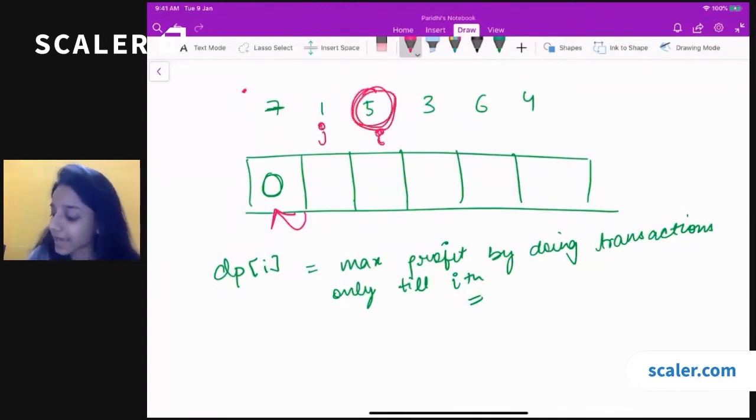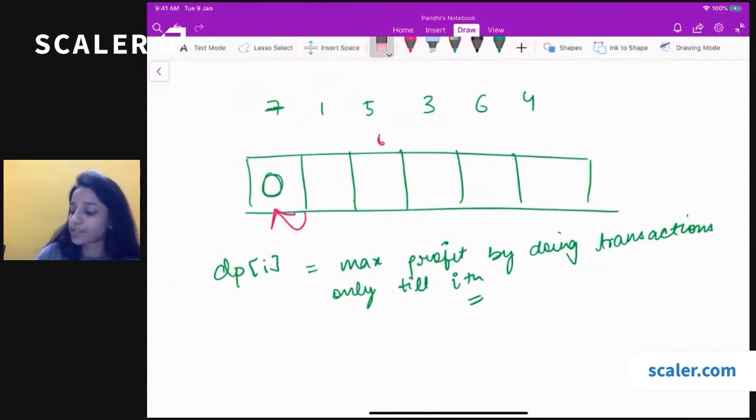Either I do not sell any stock on this day, or I sell a stock on this day. Why am I able to sell stock j on this day? Because the element at j is lesser than i. So I have to keep on checking. So there are two possibilities: I can sell a stock on that particular day, or I cannot sell a stock on that day, right?